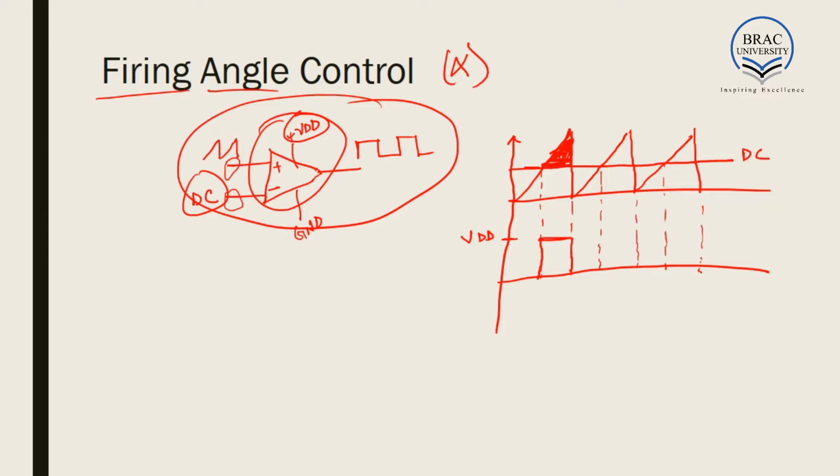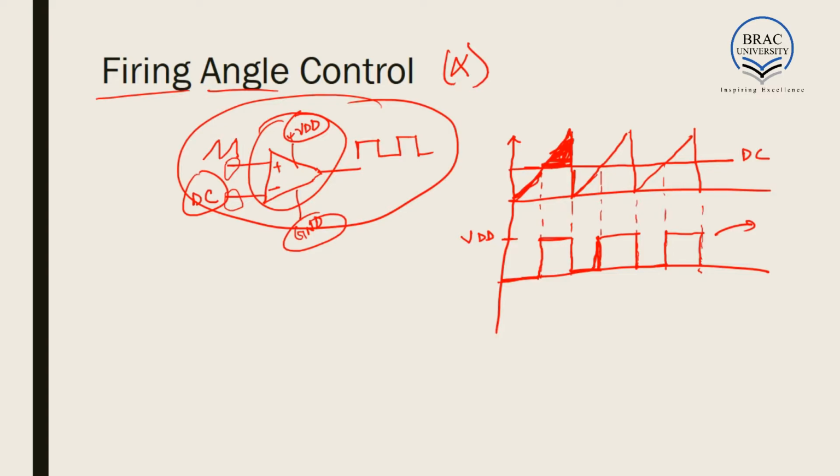Again, when the value of the sawtooth wave is less than the DC reference, for example in these cases, it will give 0 volts output, because the negative terminal is connected to ground. So we get pulses like this, and these pulses will drive our rectifiers.